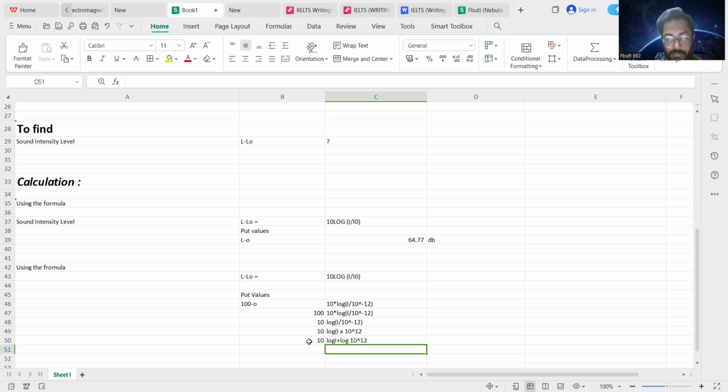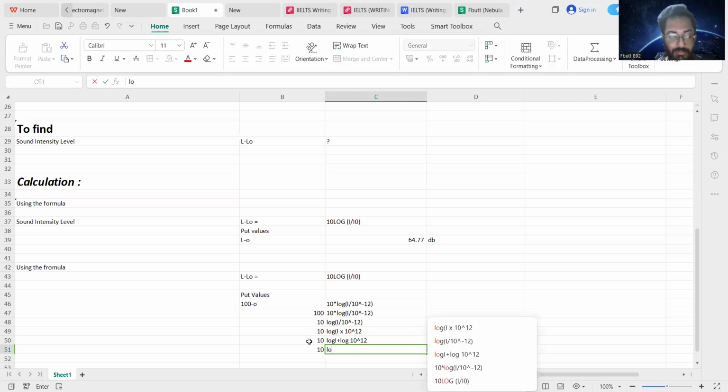And you know very well, we write 10 as the same, and the logarithm of the sound intensity plus, by using the characteristics of logarithm, we know very well that the power, which is 12, will shift as the coefficient of the logarithm.